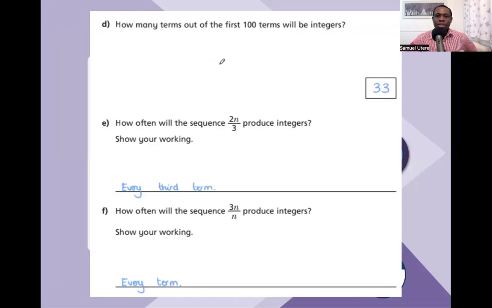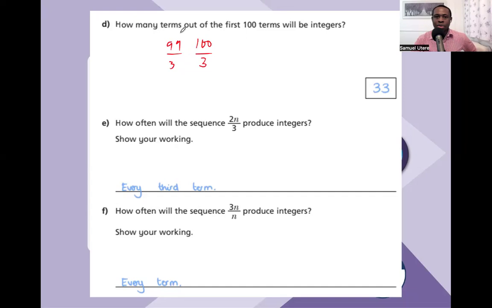Now, if you think about it, the numerator is giving us the term number. So if we are on the 100th term, we'll have 100 over 3. If we are on the 99th term, we'll have 99 over 3. Now, the last term we can get is 99 over 3. So there are 33 terms that will be integers, because this will be the 33rd one.